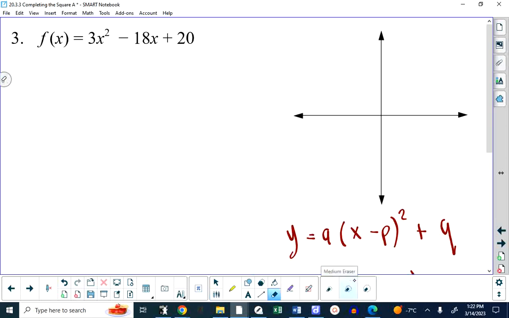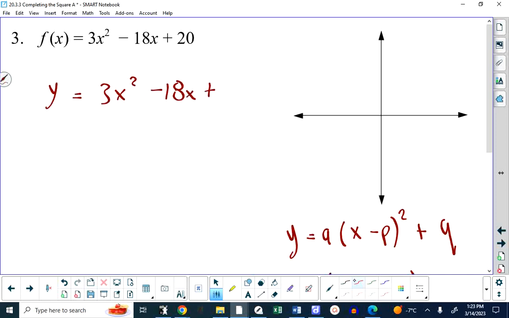Any other ideas? We divide both sides of the equation by 2. Okay, we can. And if we do that, I'm going to have y over 3 equals x squared minus 6x plus 20 over 3.